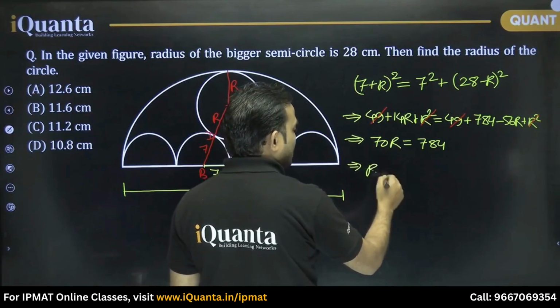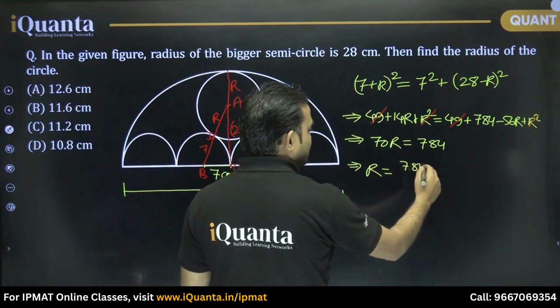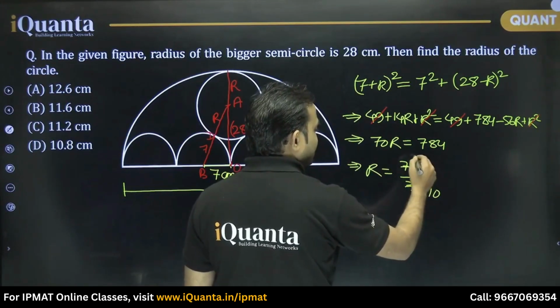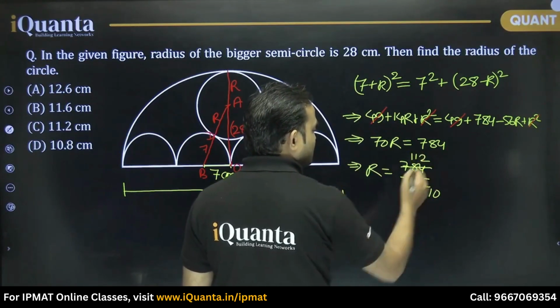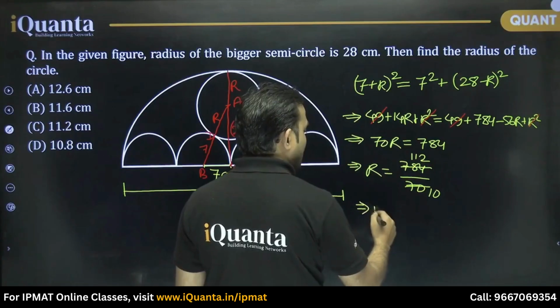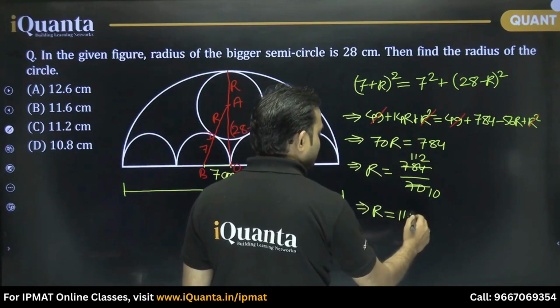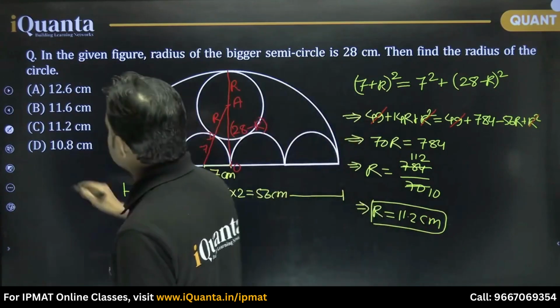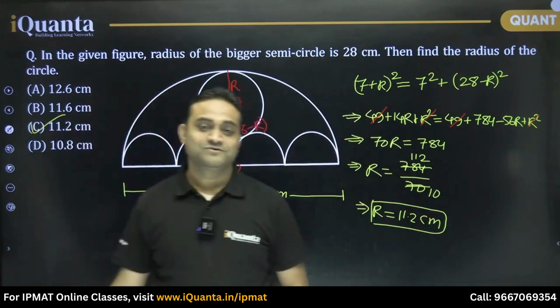We get R is equal to 784 divided by 70, 7 times 10, 7 times 112. So we get R is equal to 11.2 centimeter, and that is our answer, which is option C.